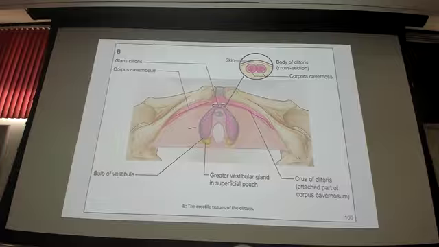These purple are the vestibular bulbs, excuse me, these are the erectile tissue. The vestibular glands are the ones in green. So these are the Bartholin's glands that secrete mucus here. So the corpora cavernosa and the vestibular bulbs are erectile tissue.